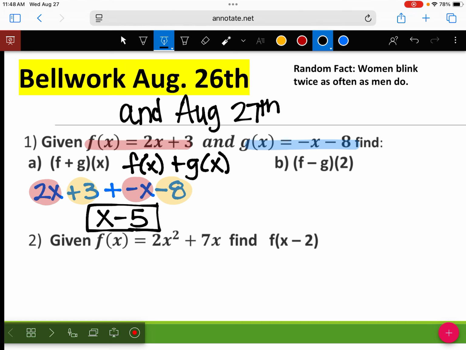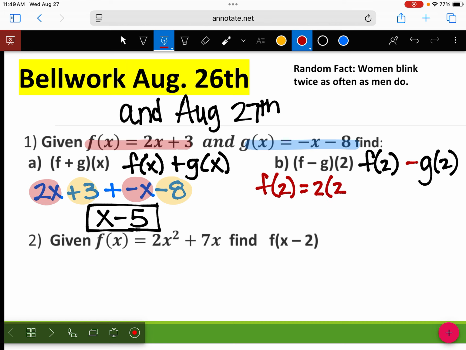For part B, it says f minus g of 2. So what that's asking us to do is figure out what f of 2 is and then subtract g of 2. So f of 2 is 2 times 2 plus 3, which is 7.